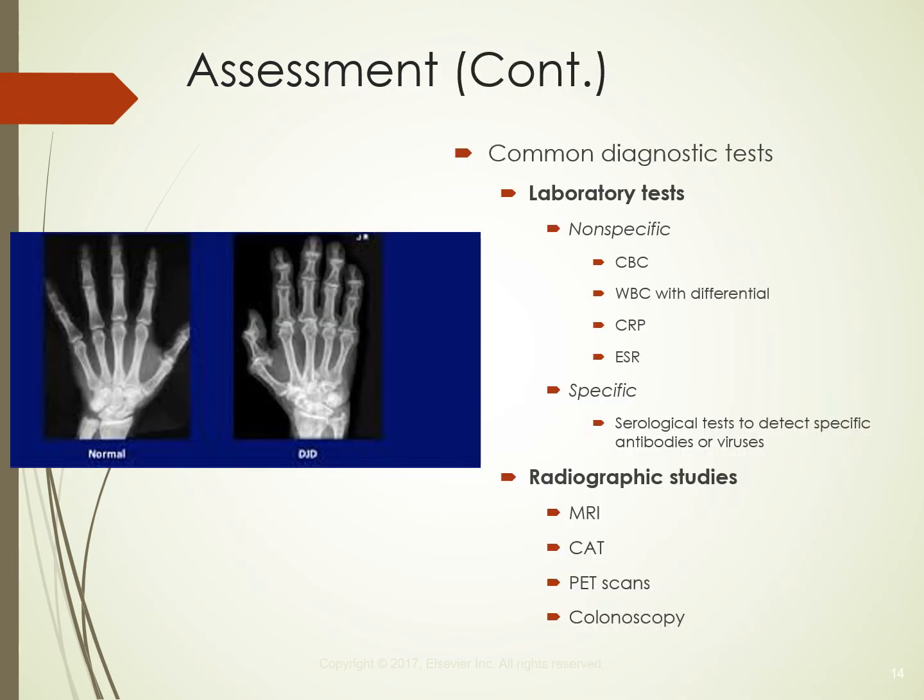Common laboratory tests include non-specific tests, which would be a CBC, a WBC with diff, a CRP, and an ESR. Specific would be serological tests to detect specific antibodies or viruses. Radiographic studies include MRIs, CATs, PET scans, and colonoscopy.